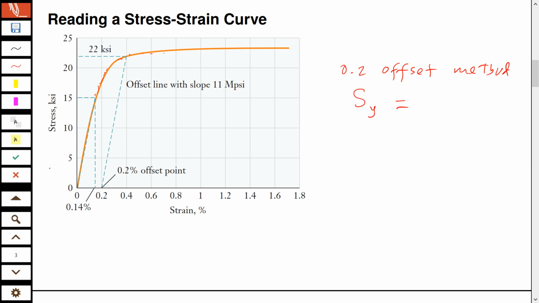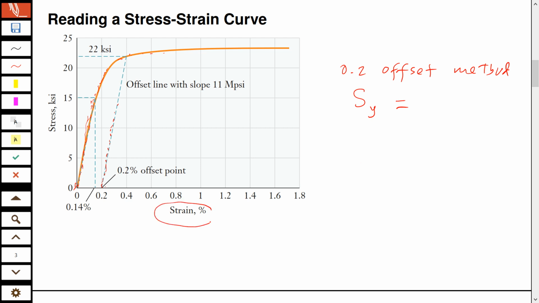Now I'll not discuss the calculation of the elastic modulus because that you know already. For that you only need to look at the linear proportional region. So what you do is spot the range where the curve is linear, find that slope, and then draw a line of the same slope, but not at the origin.